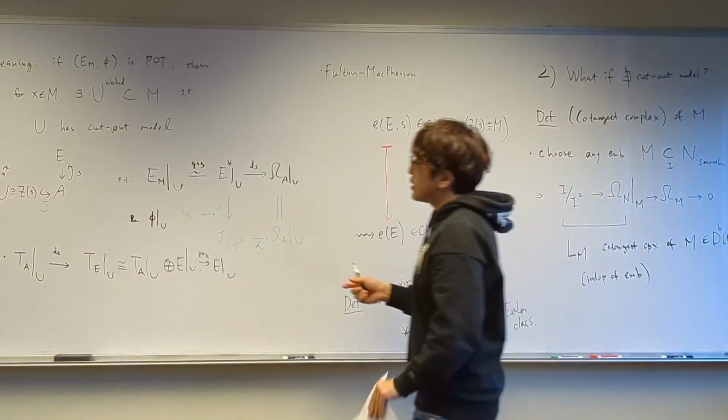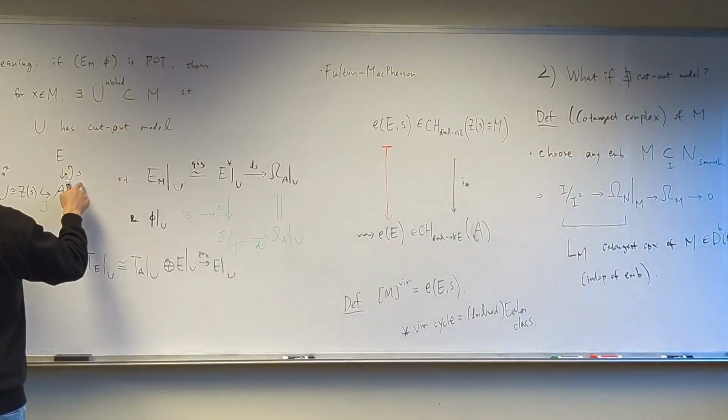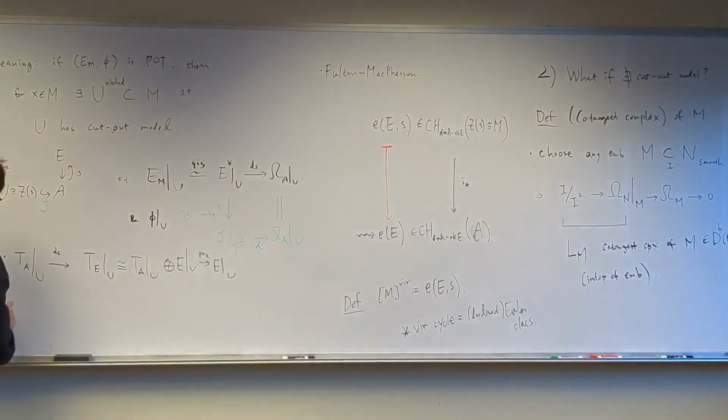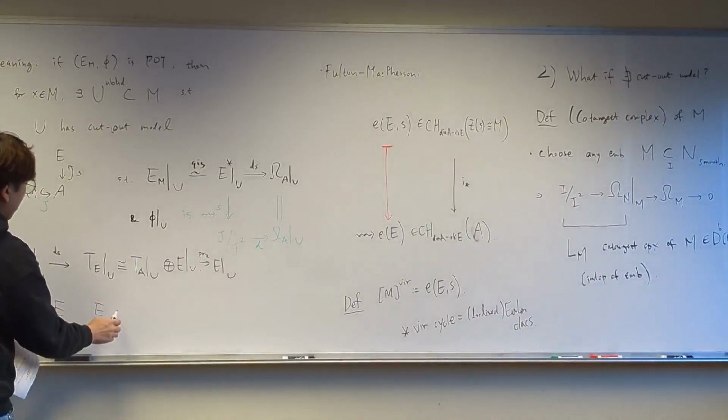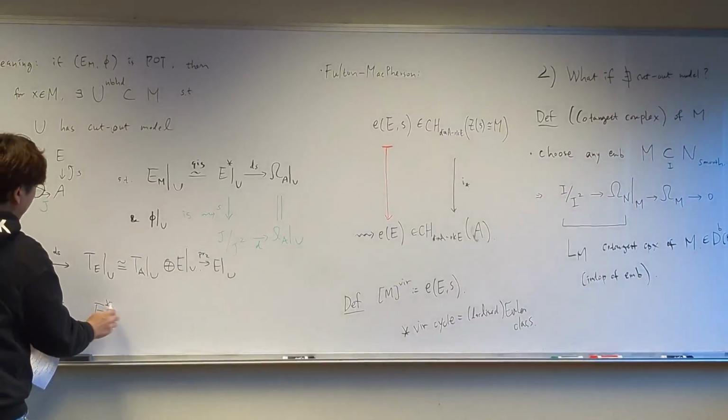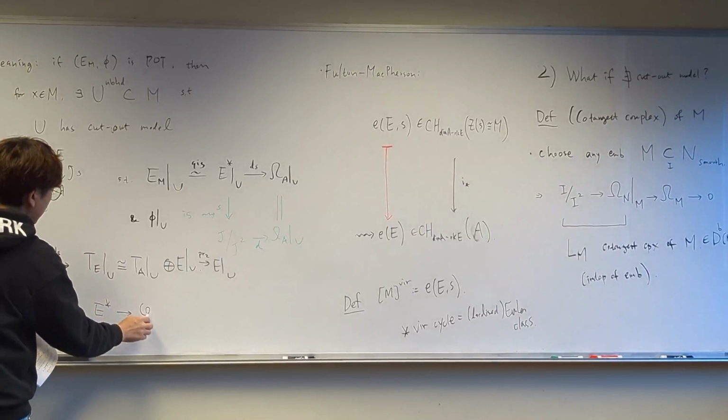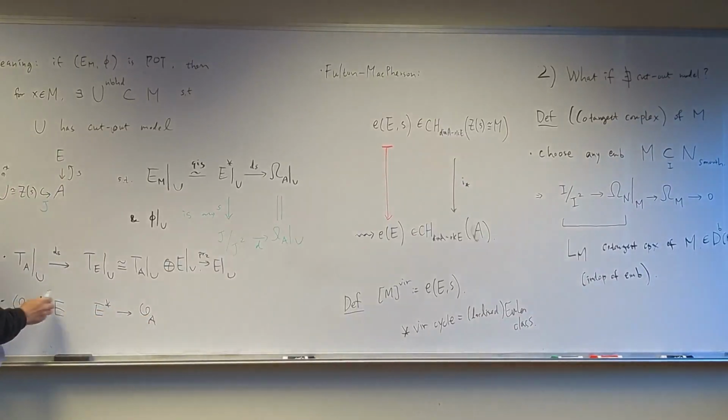And another way of writing this section S is as a module homomorphism, O_A to E. So the dual of this induces a homomorphism of duals.